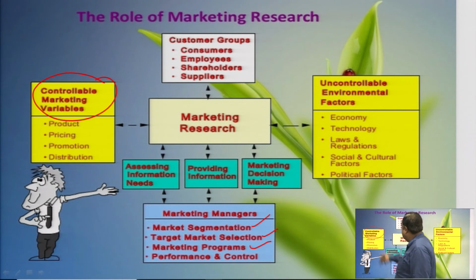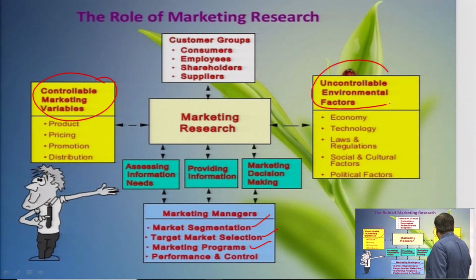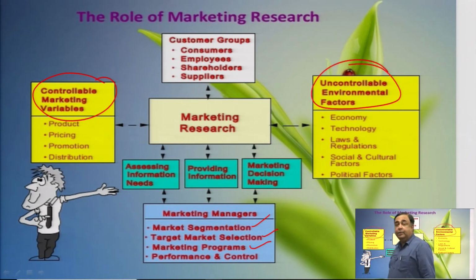One is the controllable marketing variable and the other is the uncontrollable environmental variable. In the same angle which we studied earlier, micro and macro environmental factors which affect the organization, I have already discussed with you in the past. Controllable factors: product which you can decide, price which we can decide, promotion we can decide, distribution we can decide. So, these factors are within our control.